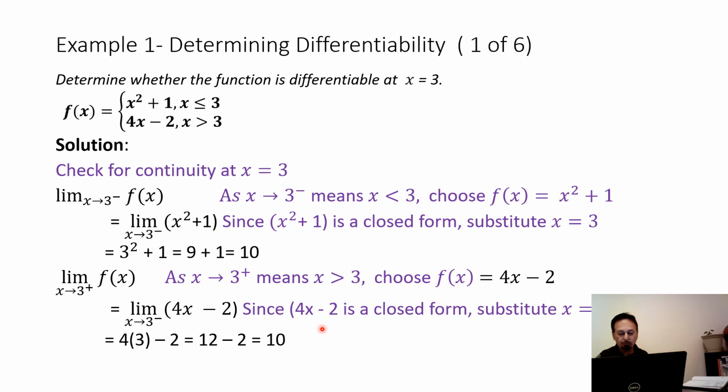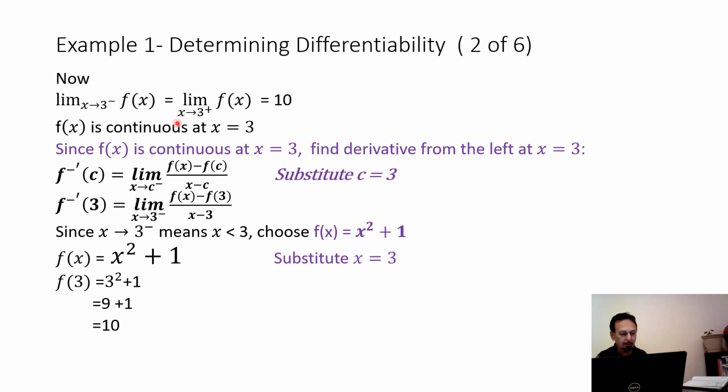Now again 4x minus 2 is a closed form, so we do direct substitution, x equal to 3. So it becomes 4 times 3 minus 2, which is 12 minus 2, 10. As you can see, the left limit is 10, the right limit is also 10. So therefore f of x is continuous at x equal to 3.